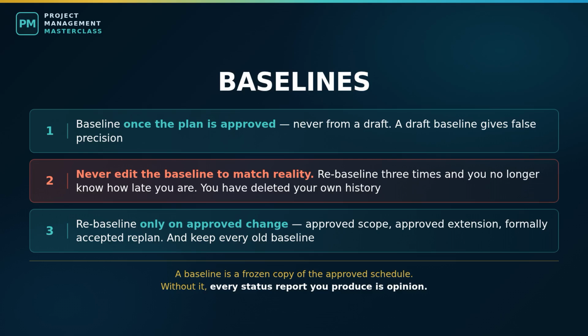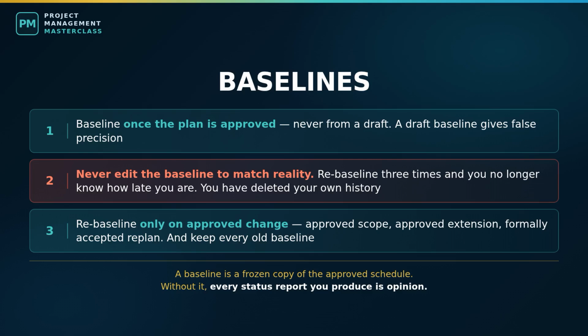3 rules. 1. Baseline once the plan is approved, not before. A baseline taken from a draft is worse than no baseline because it gives false precision. 2. Never edit the baseline to match reality. It is the most common integrity failure in project controls. When a project is late, rebaselining makes the variance disappear and the report goes green.